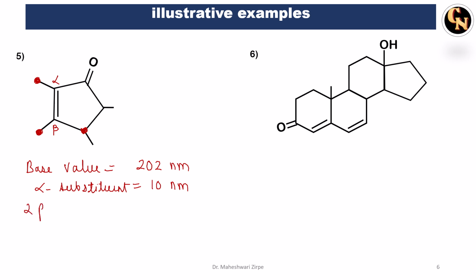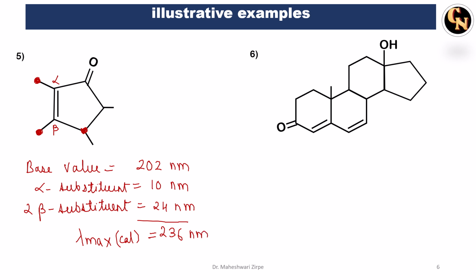Then two beta substituents, so it will be how much? 12 into 2 is 24 nanometers. And can we add anything else? No, it is a simple Enone system, so nothing else to add. So if you calculate, the lambda max value calculated comes out to be 236 nanometers.